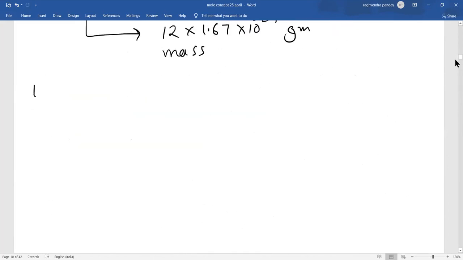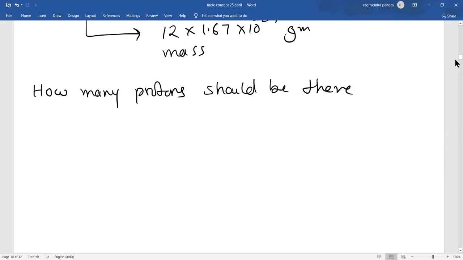How many protons, or you can take neutrons also, because proton and neutron have the same mass, should be there to make 1 gram mass?